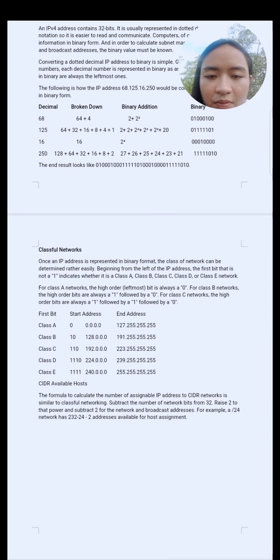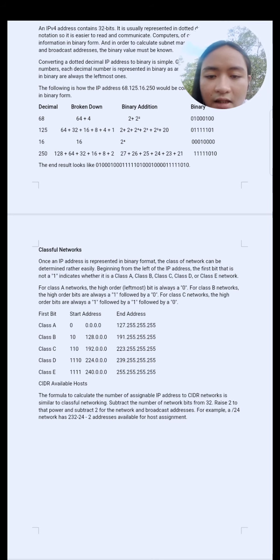We have classful networks. Once an IP address is represented in binary format, the class of the network can be determined rather easily, beginning from the left of the IP address. The first bit that is not a 1 indicates whether it is a class A, B, C, D, or E network.